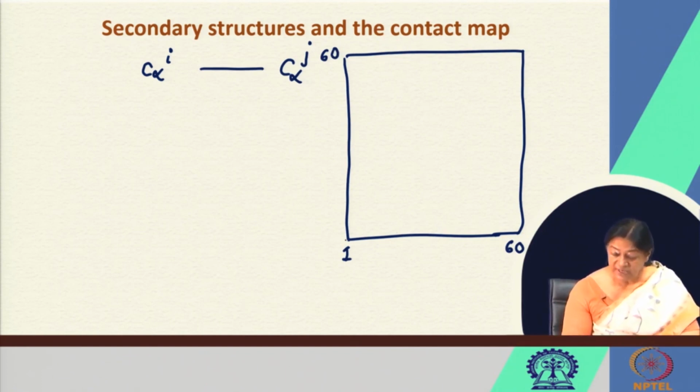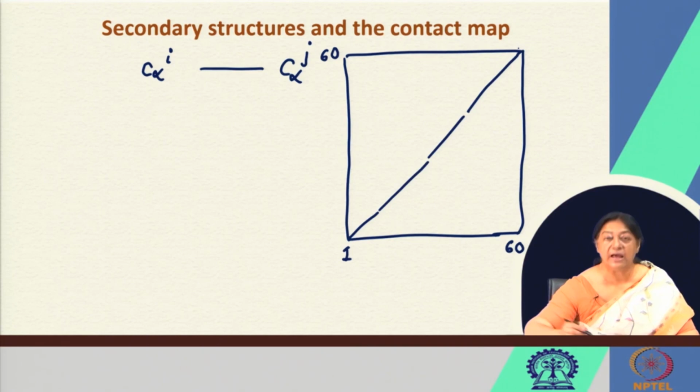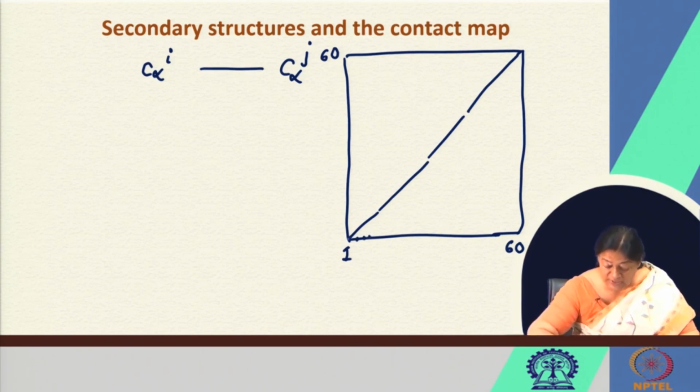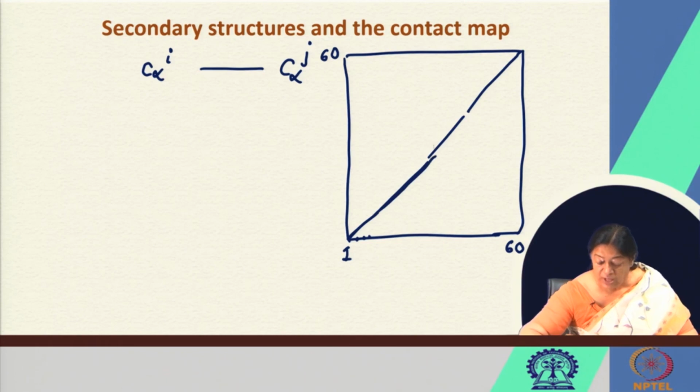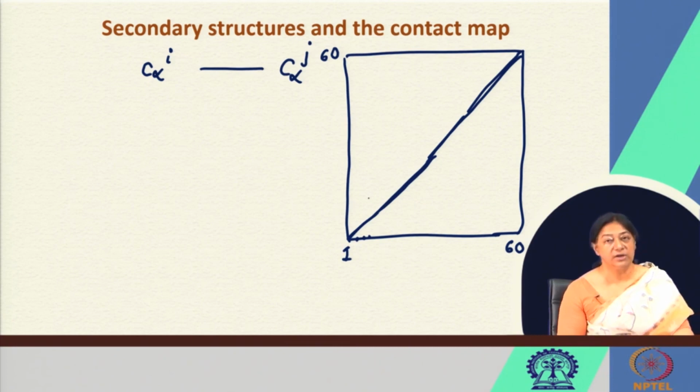All along the diagonal I would expect a thick line, because 1 is close to 2, 2 is close to 3, 3 is close to 4, and so on and so forth. We also have to know that the upper and the lower triangle of this matrix are going to be the same, because if residue number 3 is in contact with 7, then obviously 7 is in contact with 3.